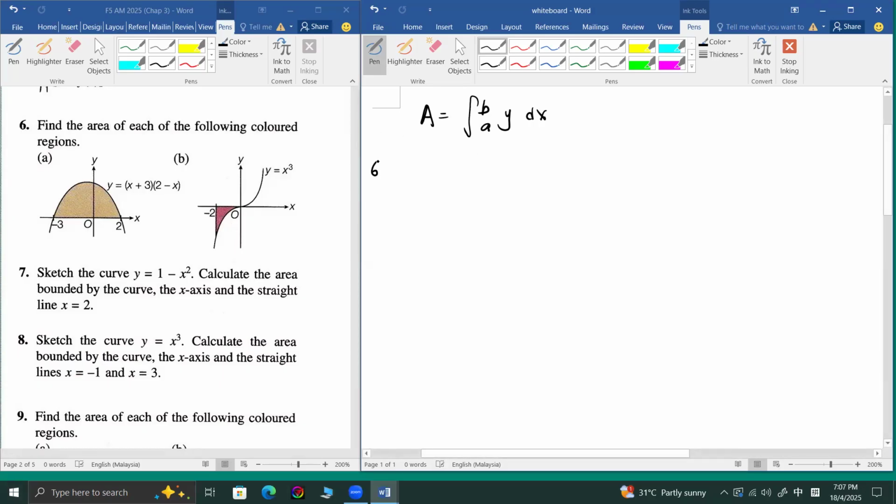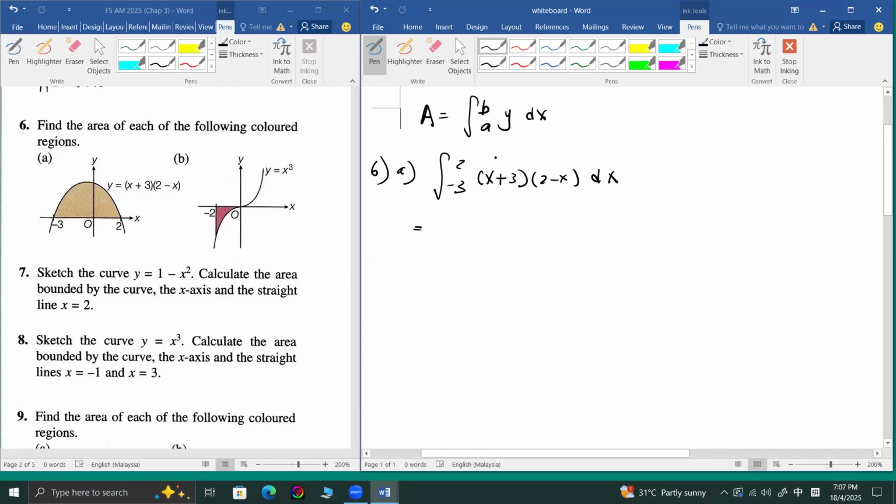Okay, look at 6a. First, to get the area, you see the limit 2, -3, y dx. y means y as subject. The y is already a subject, so you have all these dx.